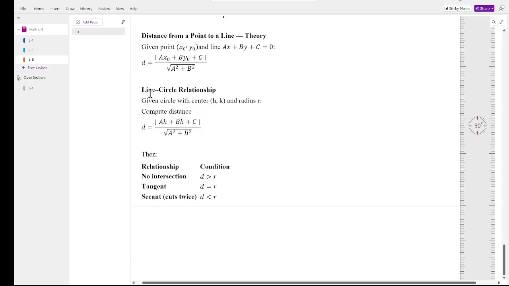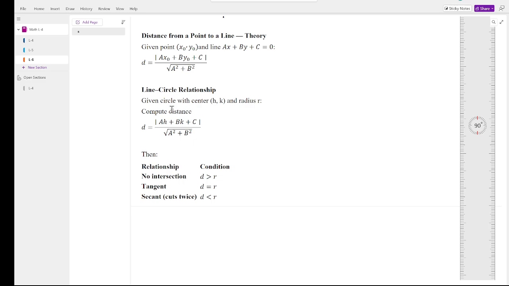As with line to circle relation, given a circle with a center. Before we had a point to line, a point (x naught, y naught). Now we find for circle to line, and a circle must have a center. Then from center to line we find the distance.